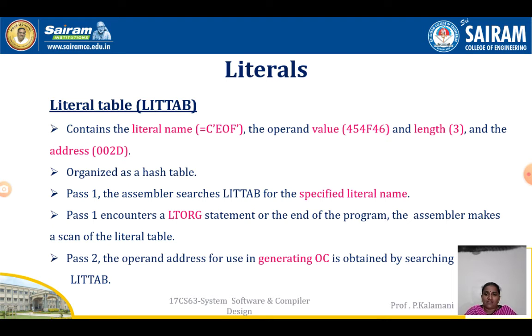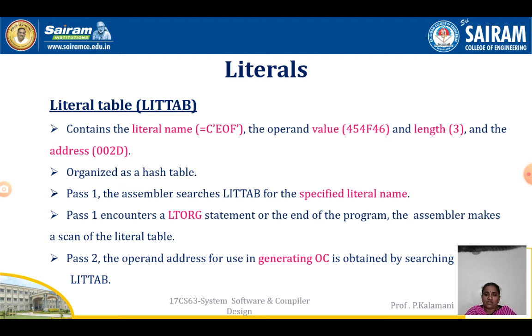For example, take =C'EOF', which we have already seen. That is the literal name, and the value is 454F46, that is 45 for E, 4F for O and 46 for F in ASCII. The length is 3, and the address where it will be stored is 002D. The table is organized as a hash table, because a hash table is an efficient data structure for insertion and searching.